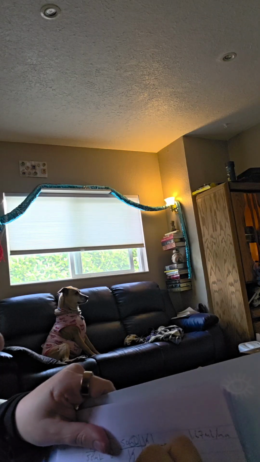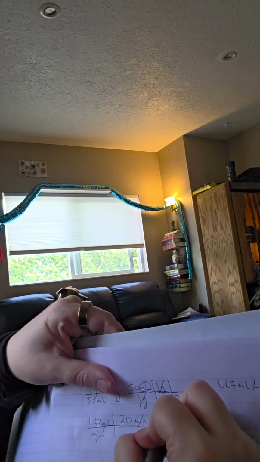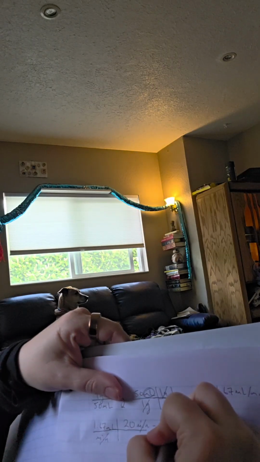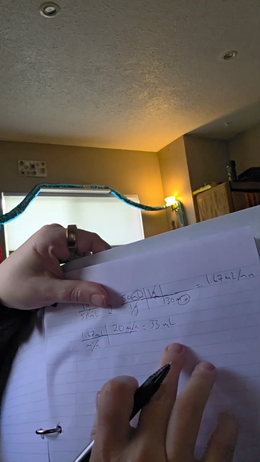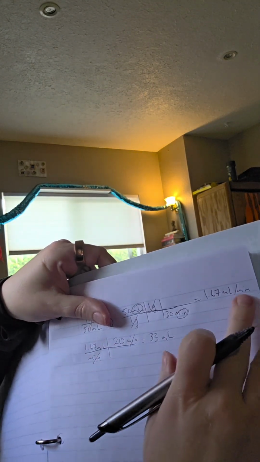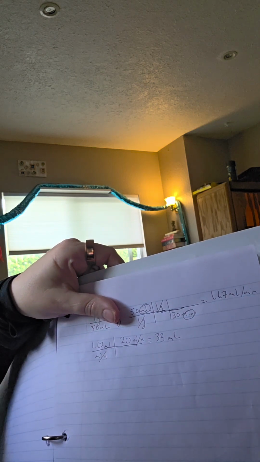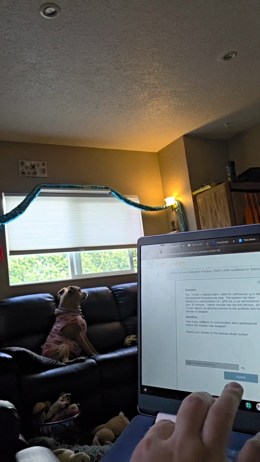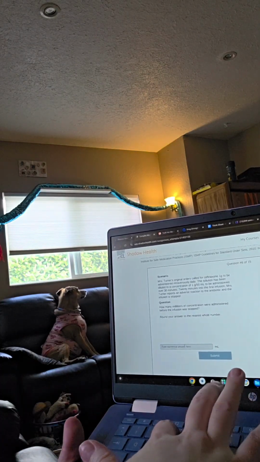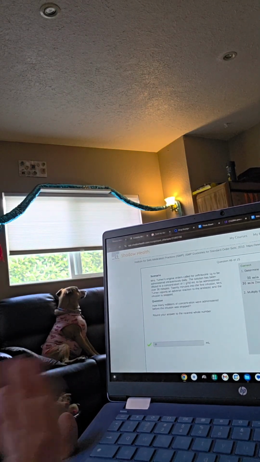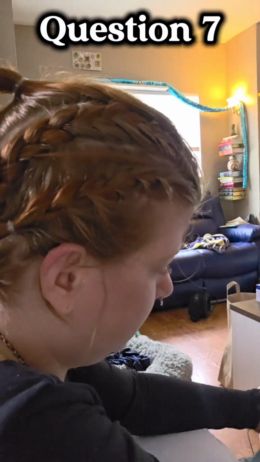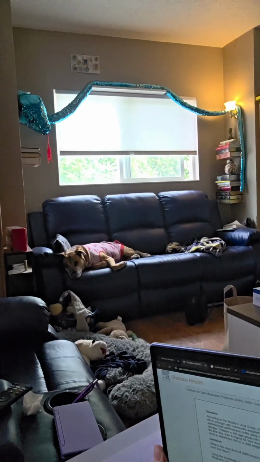It says round to the nearest whole number, so that would be 33 milliliters is the amount that we actually gave her. So first you just figure out the flow rate and then you times by the amount of minutes. So that is 33 milliliters. Ta-da! All right, we're going to go on to question number 7.